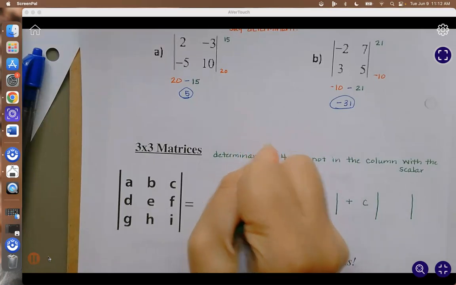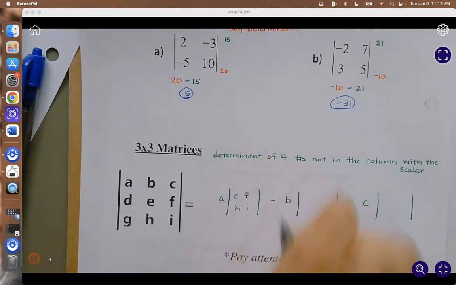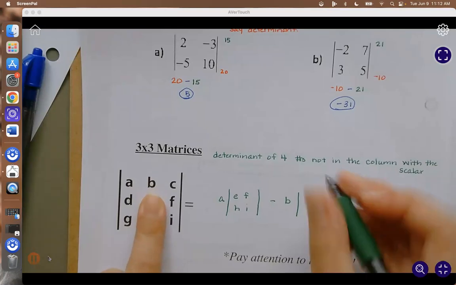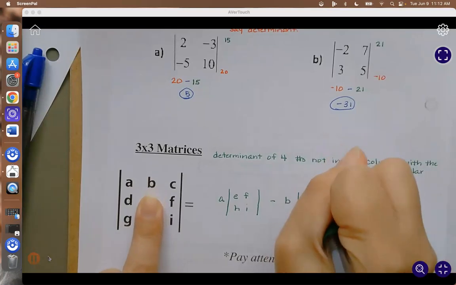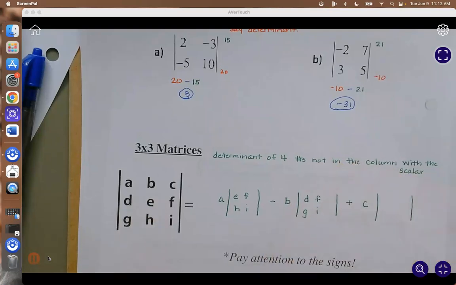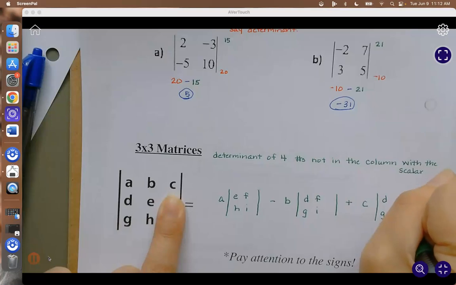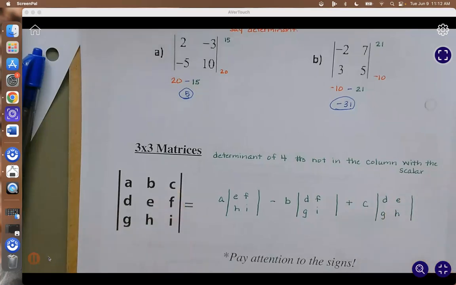So you're going to use E, F, H, I. So for B, you can't use these. So it's D, F, G, I. For C, it's D, E, G, H. Okay?